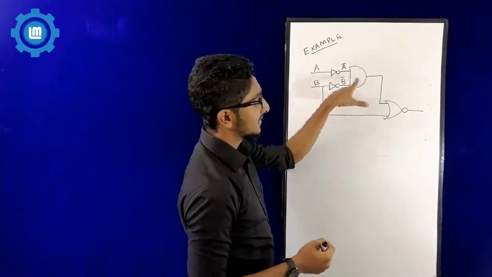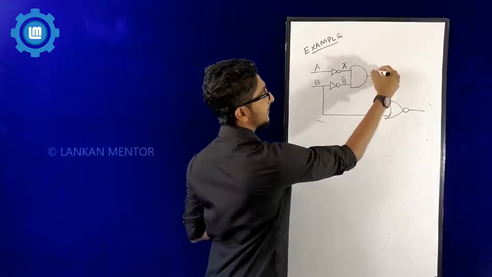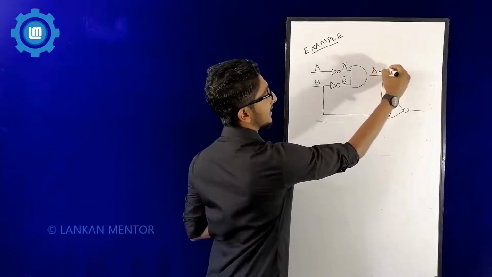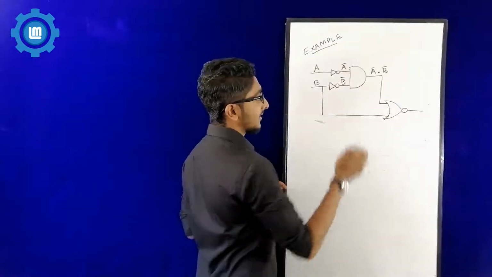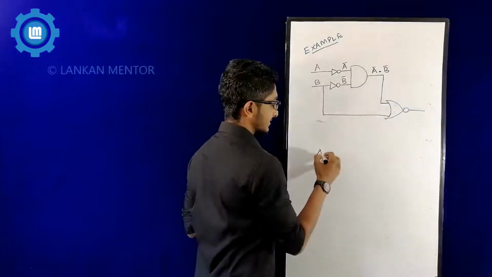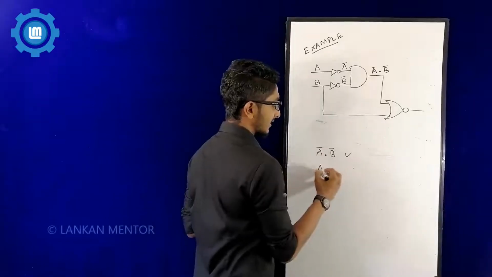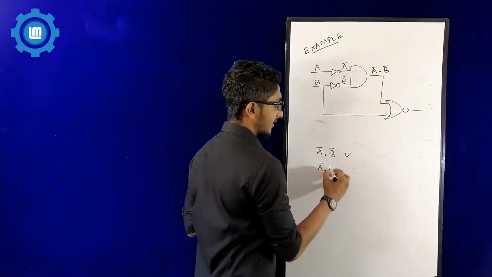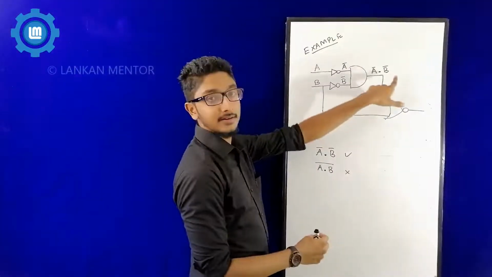So from the AND gate you multiply them. So A bar into B bar, A bar multiplied by B bar, right? You don't put it straight like this. A bar dot B bar, this is correct. A bar dot, this is wrong here, right?